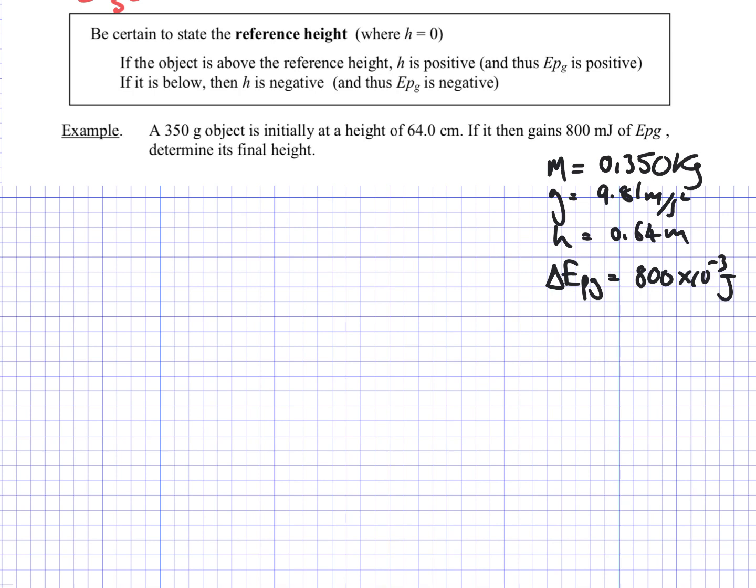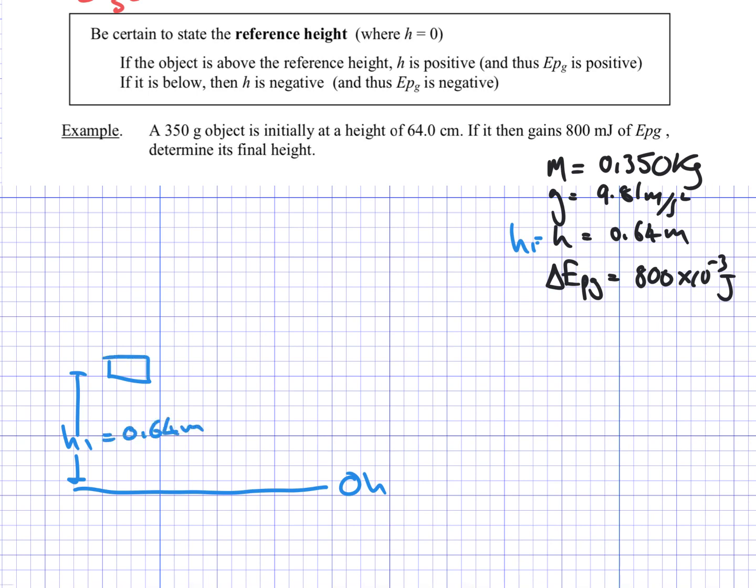We need to determine the final height, so let's set up the scenario. I'm going to say that this here is my 0 height. My object is initially at a height, let's call this height 1, at 0.64 meters.